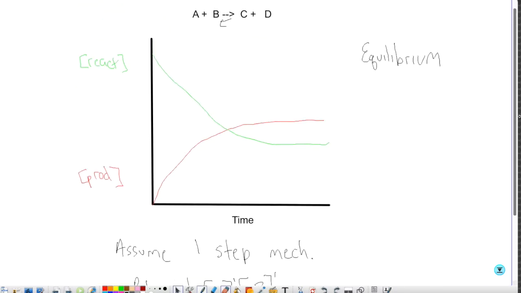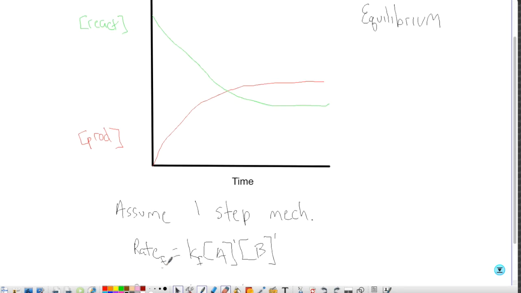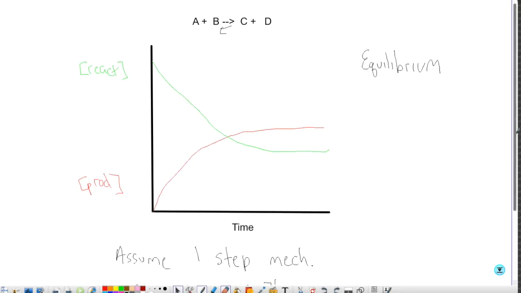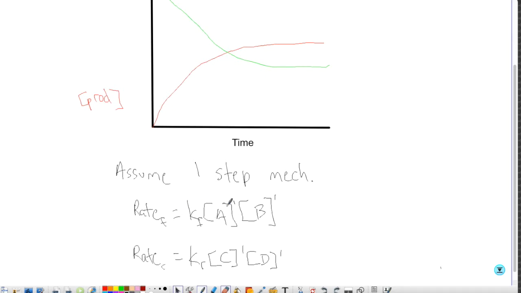The rate of the forward reaction, on the other hand, is going to be quite fast because I have a high concentration of both A and B. But as the forward reaction continues, A plus B are going to get consumed, and C plus D are going to be produced. And as that happens, the forward reaction starts to slow down, and the reverse reaction starts to speed up.